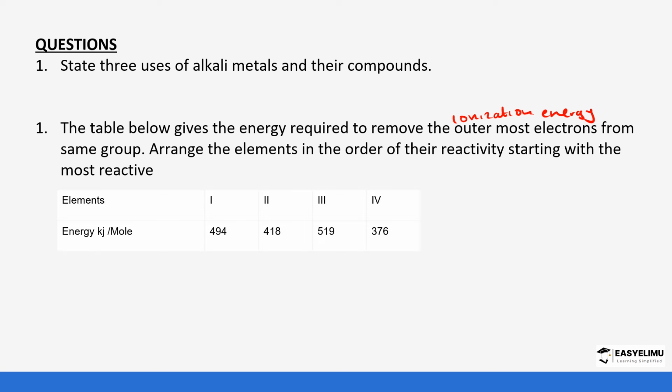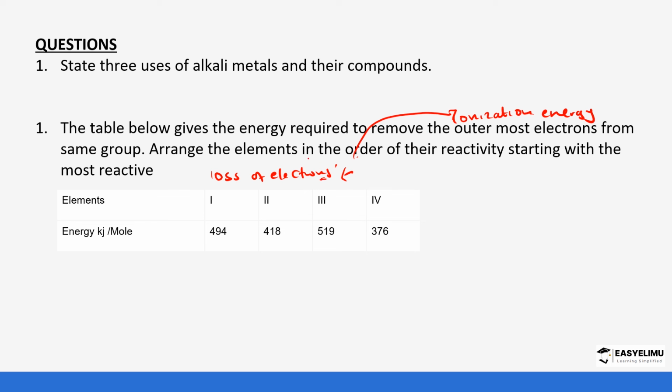So basically, we have been given ionization energy, and then we are told to tell which one is more reactive. So we said for metals, their reactivity is loss. It's all about loss of electrons. And loss of electron is directly related to ionization energy because this is the energy that is required to lose these electrons we are talking about.